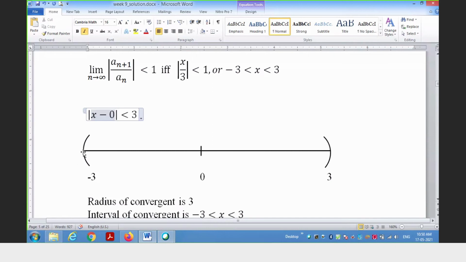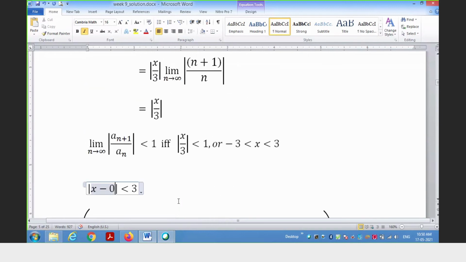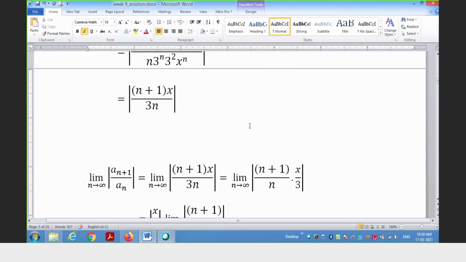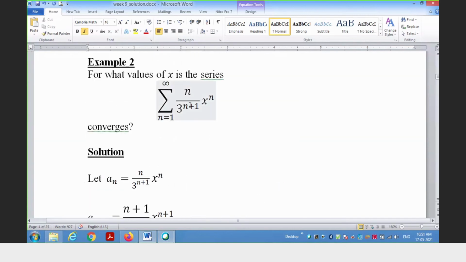Okay, so the whole thing is the interval of convergence, and it can move 3 units to the right and 3 units to the left. That means the radius of convergence is 3. Any questions? That means only x between minus 3 and 3 will make this series converge.